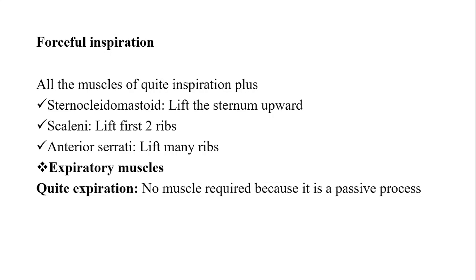So no muscle will be required here, and as quiet expiration doesn't require any muscle, it is called a passive process, because there is no actual action taking place here. There is action in the context of contraction of muscle. So quiet expiration is called a passive process, while quiet inspiration is an active process, because it requires contraction of muscles.